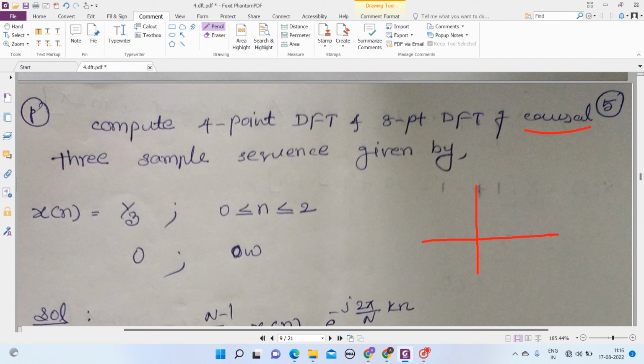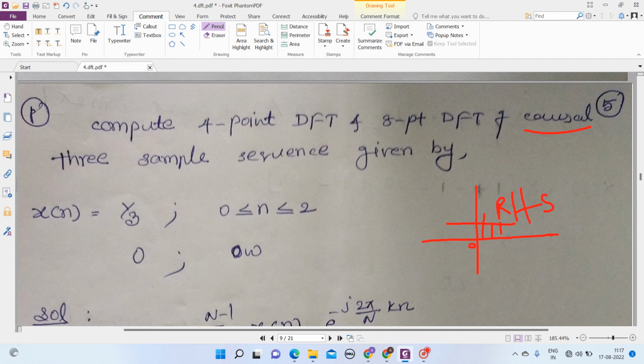If the samples exist at both sides, we call that anti-causal. I think you have already studied all those things. So without wasting our time, we will solve the problem.